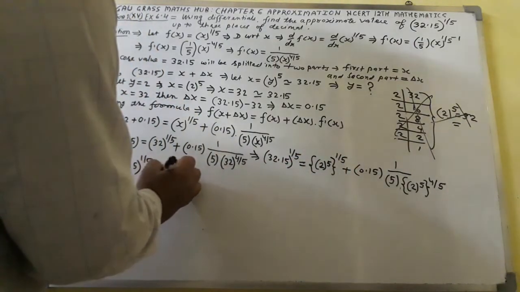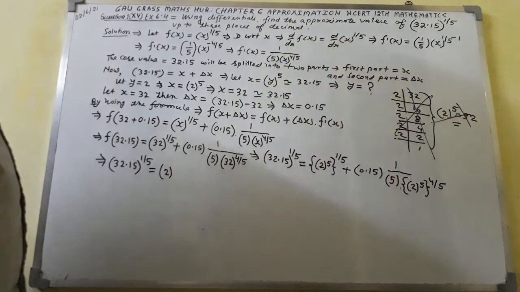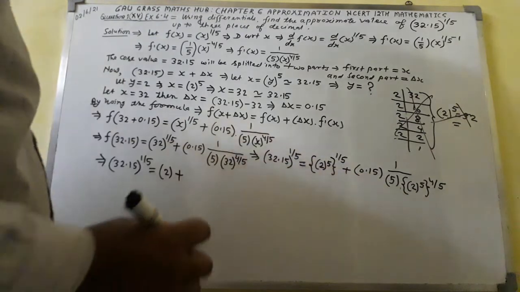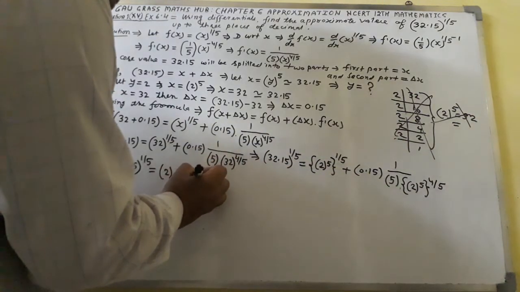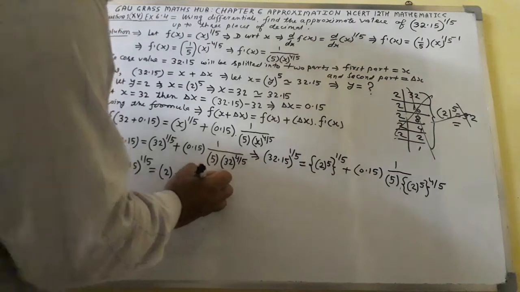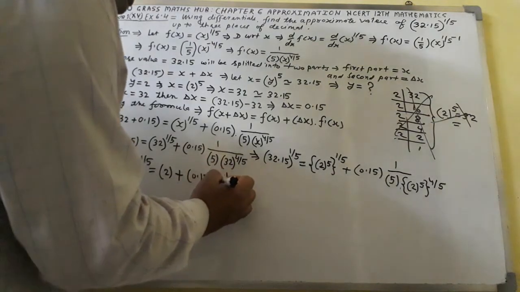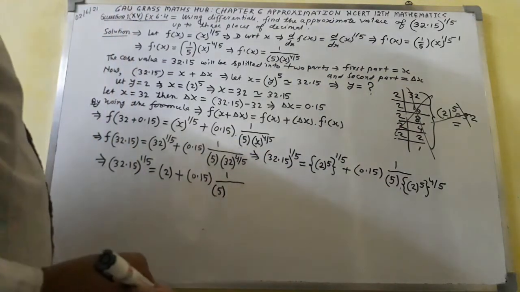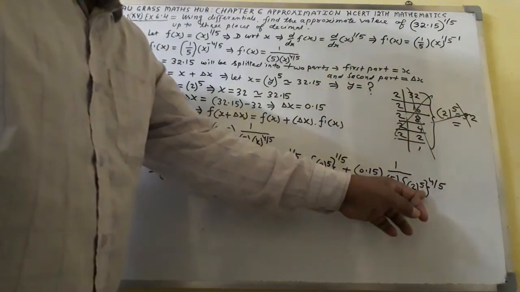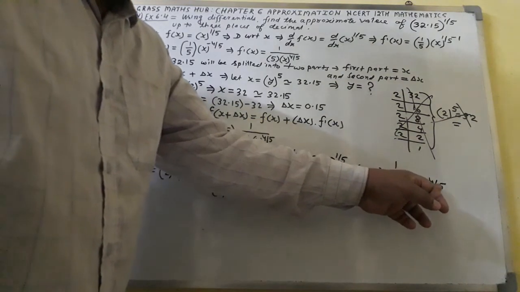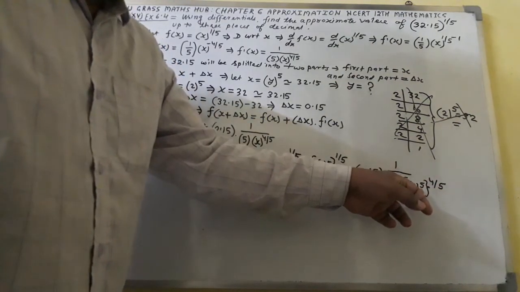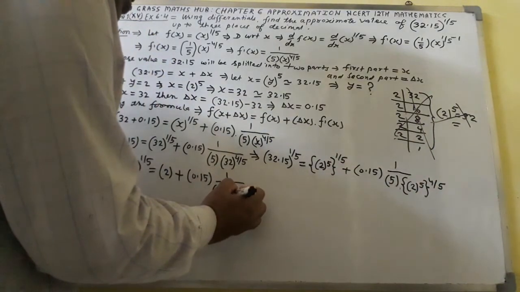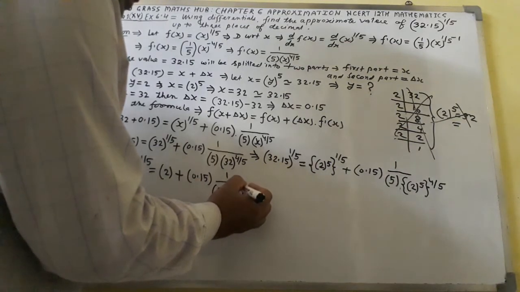Here we will get only 2 plus 0.15, I shall write 0.15, 1 over, in bracket I shall write 5, or here 2 raised to the power 5 whole raised to the power 4 over 5. 5 will be cancelled out. We will get here 4. 2 raised to the power 4, I shall write 2 raised to the power 4. This thing we will write.